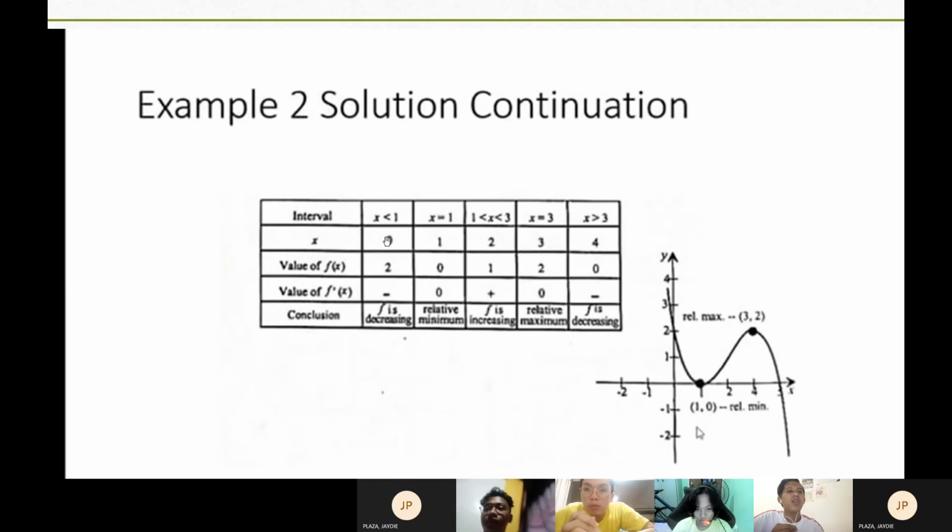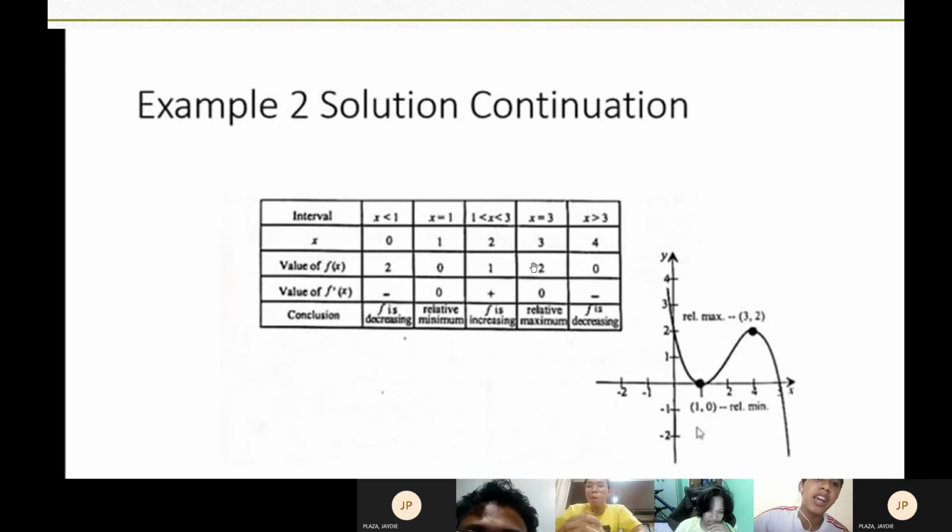Then x equal to 1, that's 1. Our x sub 1 is 1 and x sub 2 is 3. In the middle, 1 is less than x and x is less than 3, so 2. Then x is equal to 3, and x is greater than 3 gives 4.